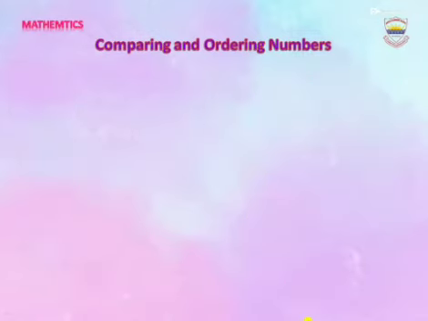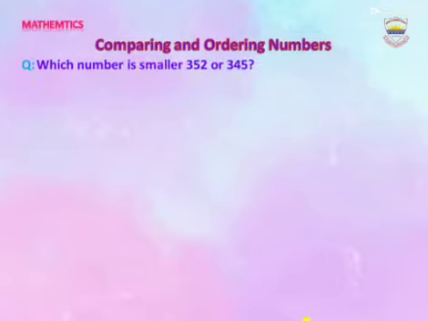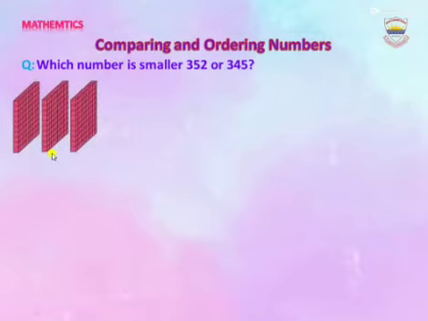Next, comparing and ordering 3 digits number. Which number is smaller, 352 or 345? Firstly, count the 100 blocks with me. 100, 200, 300.